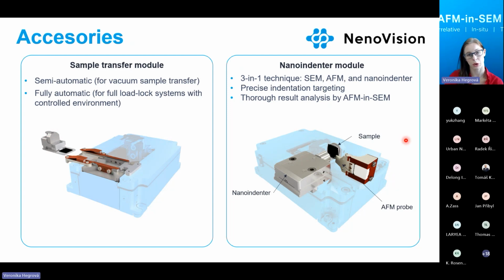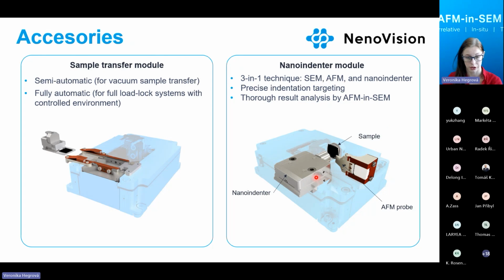Regarding the nano indenter module, this is a little bit larger accessory, allowing a 3-in-1 technique: SEM, AFM, and nanoindentation. The configuration is changed by 90 degrees over the standard version. So the sample is in the place of the AFM probe, and the AFM probe is where the sample usually is.